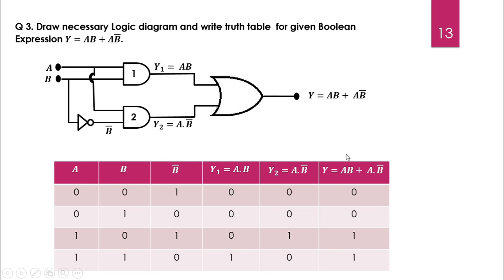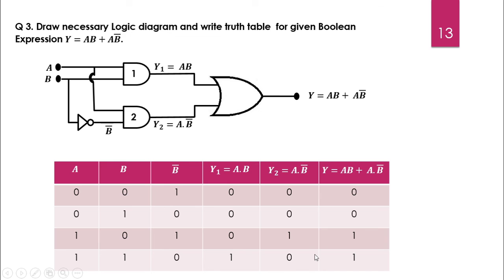Here is the truth table. A and B are the two inputs, that is 0 0, 0 1, 1 0, 1 1, and we require one more variable, that is B complement, 1 0 1 0. The output of the first AND gate, that is y1 equals AB, is 0 0 0 1, and the output of the second AND gate, that is A dot B complement, is 0 0 1 0.